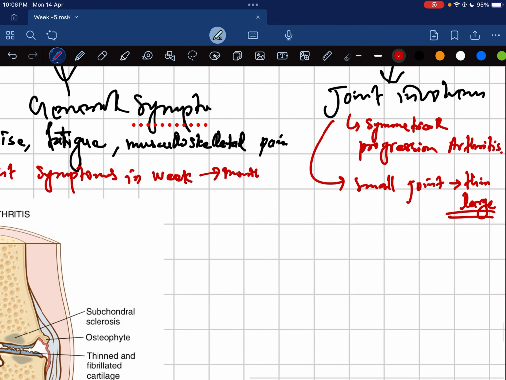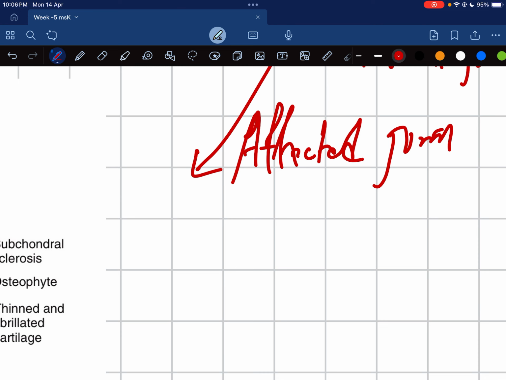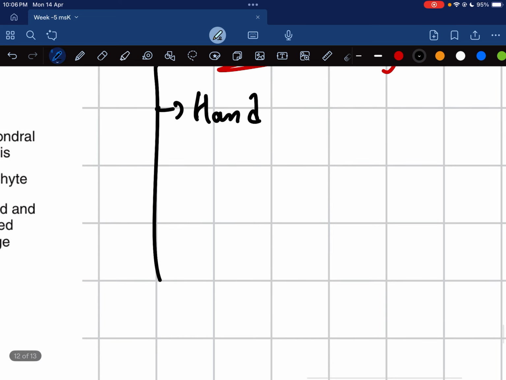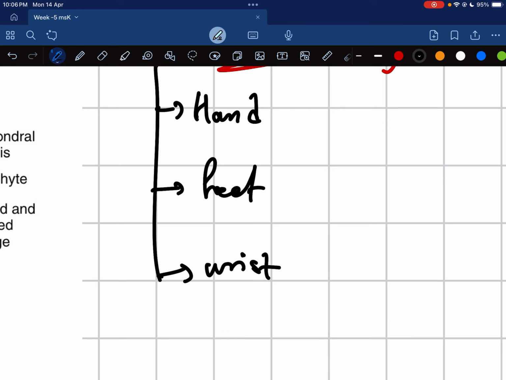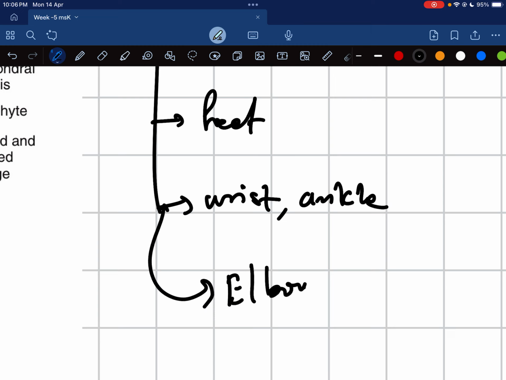Mainly affected joints are the hand, feet, wrist, ankle, elbow, and knee.